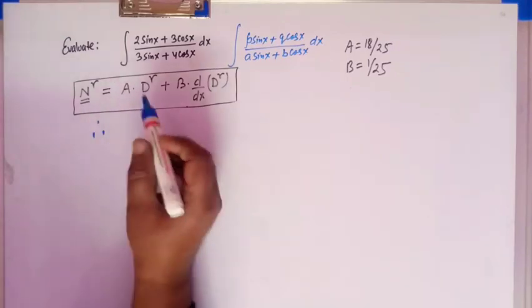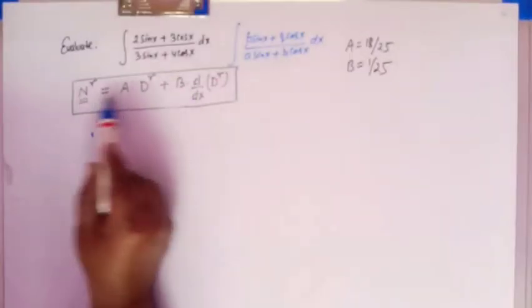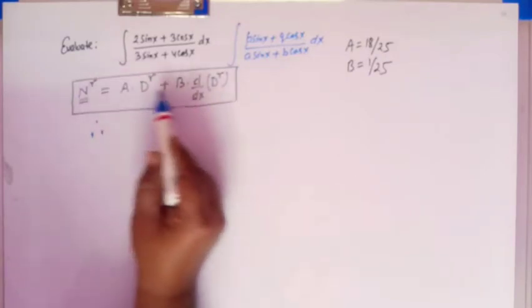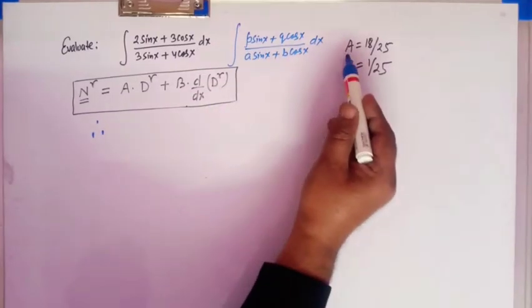Now viewers, let us come back to this rule. The numerator can be expressed in this form, and we have got the values of a and b.